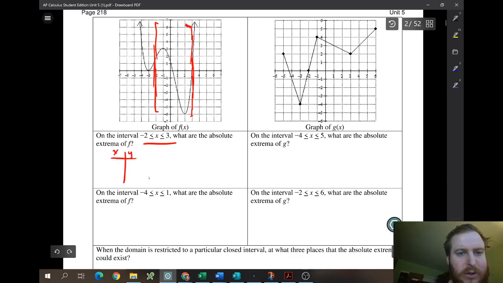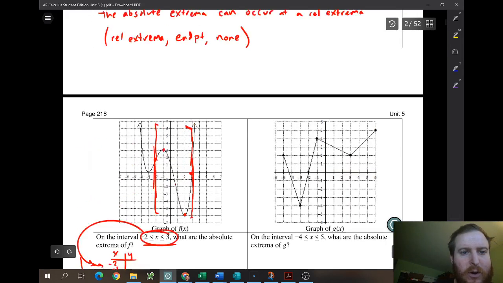The points I use are any relative extrema, and I also use our endpoints. The endpoints are also important to use. So I'm going to use our endpoints, -2 and 3. So we're going to use -2, -1, 2, and 3. The -2 and the 3 come from our endpoints.